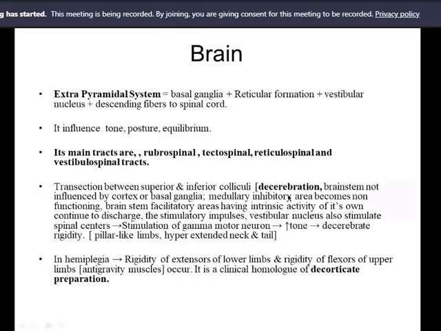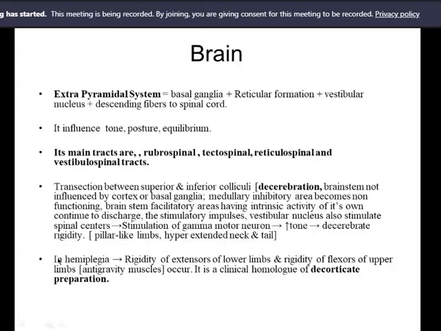In hemiplegia, rigidity of the extensor limbs and rigidity of the flexors of the upper limbs, the anti-gravity muscles, occur. It is due to the clinical homologue of decorticate preparation. Only cortex, if cut, then there will be rigidity of the extensors of the lower limb and rigidity of the flexors of the upper limb.